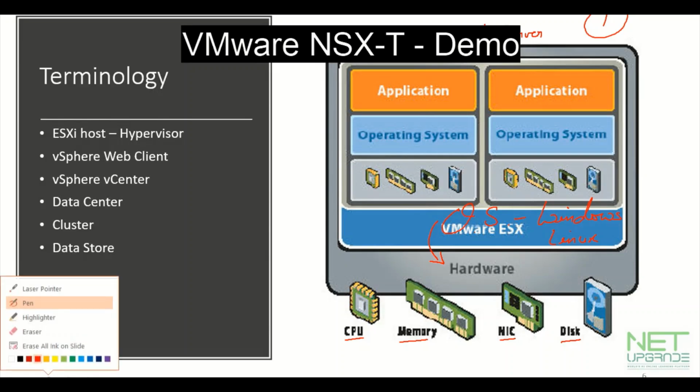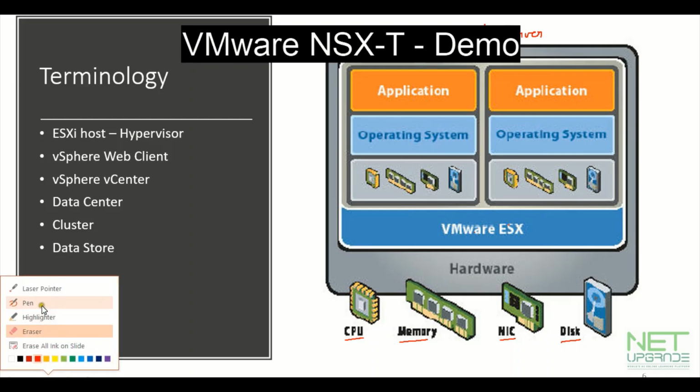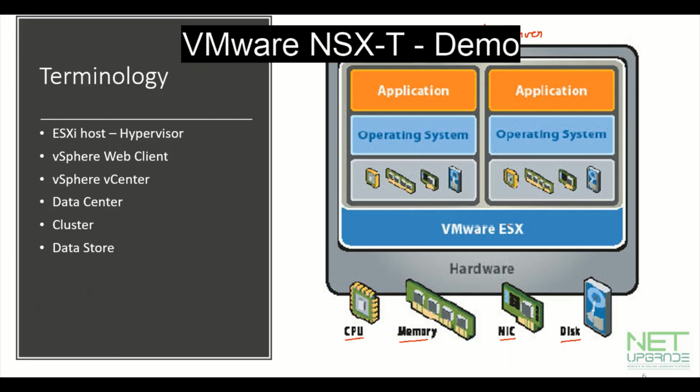if we want to install multiple operating systems on top of one hardware, then we have the capability to install them, and that is called a hypervisor. That hypervisor, which runs on top of your hardware, is called the VMware ESXi hypervisor.